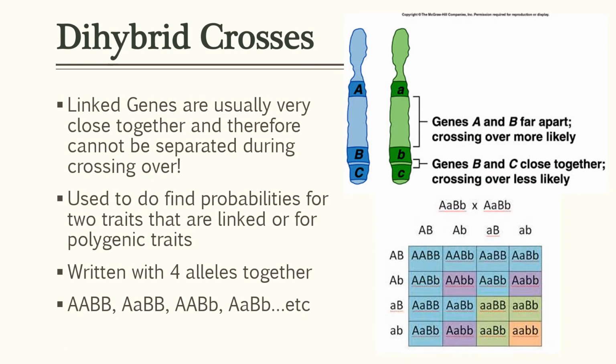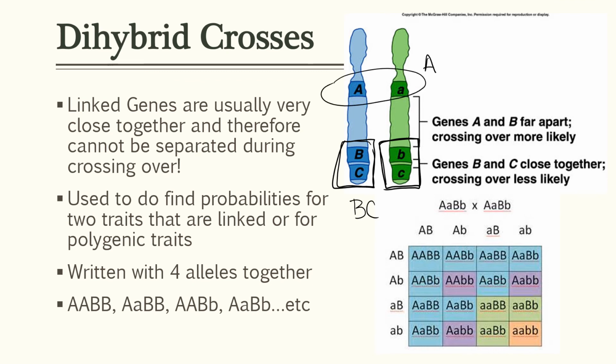So these linked traits are actually just genes that are very, very close together on the chromosome. So you can see that B and C are very close together, but A is far apart.